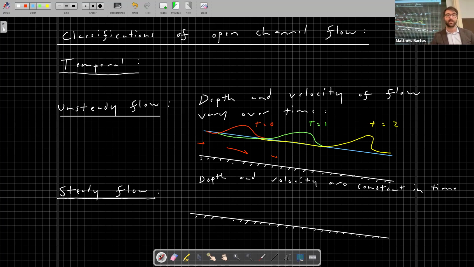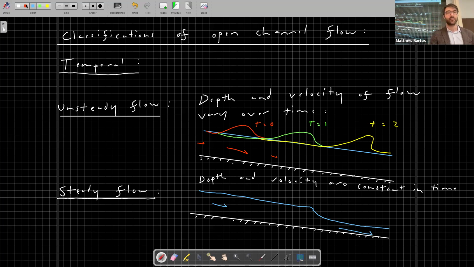So for example, we might have something like this. Okay, so we have flow in an open channel that may transition to a smaller depth. Maybe there's some change in the geometry here. You might have a slower velocity at this upstream part, and then as the depth of the water goes down, this velocity increases.